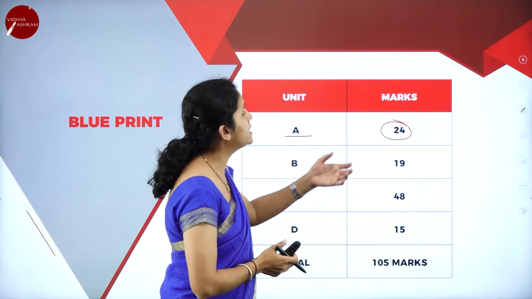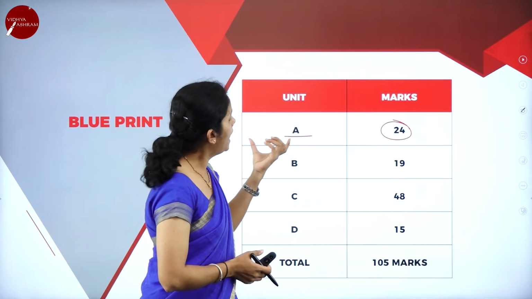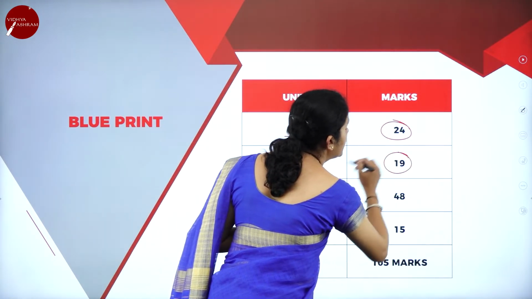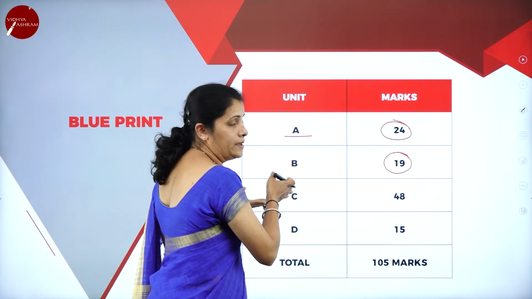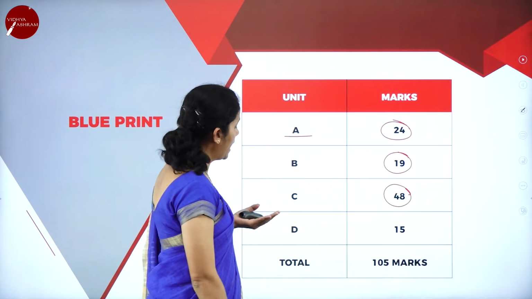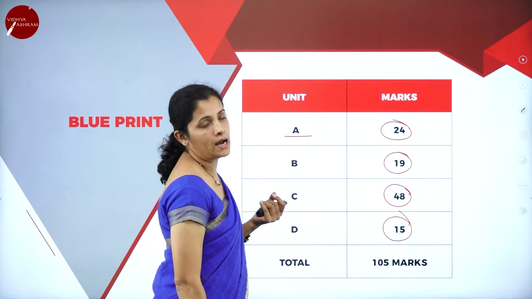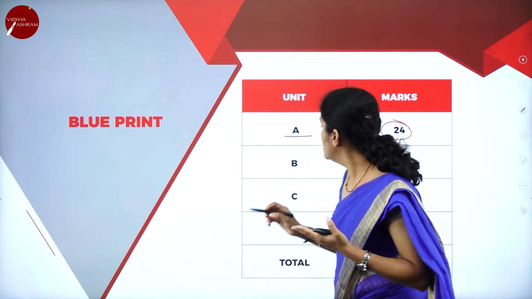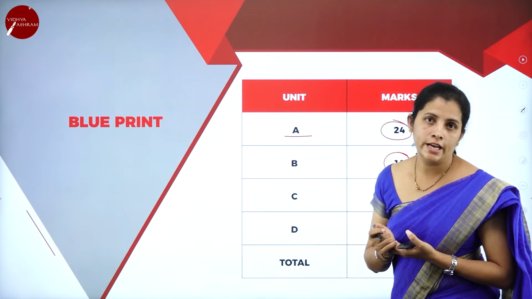That means you can expect 24 marks from unit A. From unit B, you can expect 19 marks, from unit C we are going to have 48 marks, and unit D, we are going to have 15 marks. So if you give more weightage to unit C, you can score 48 marks.